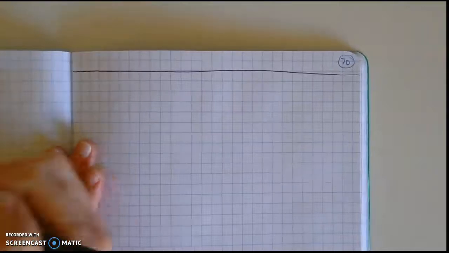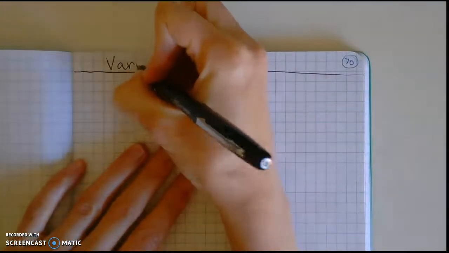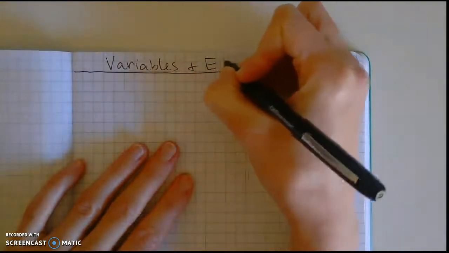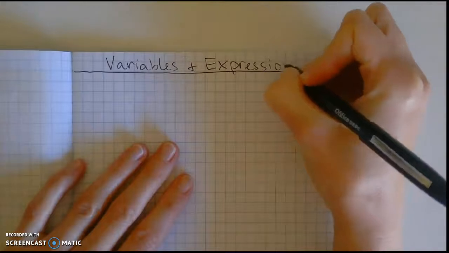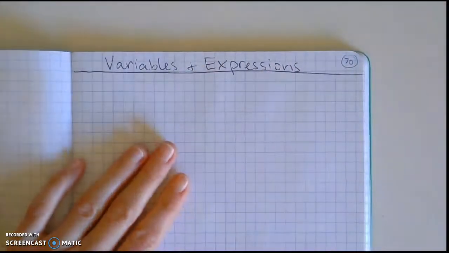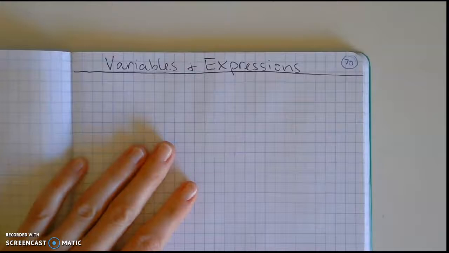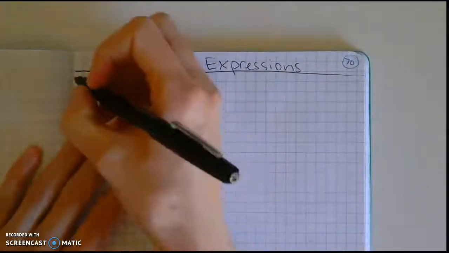Okay, so we're going to talk about variables and expressions. So we kind of hit on that with our performance task of the gym, but we're going to do a little bit more with it. So we're starting with variables and expressions.